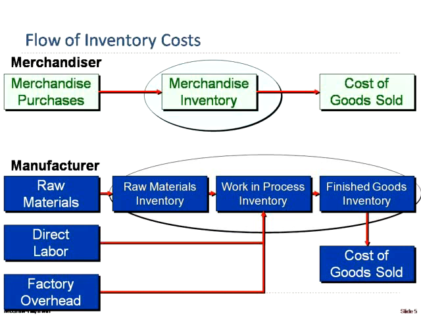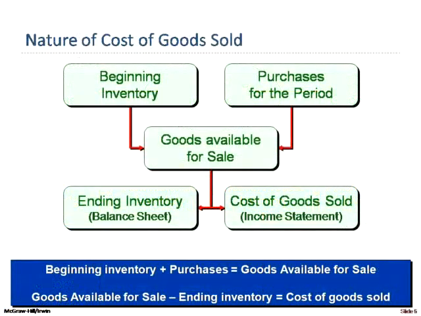When the inventory is complete and ready for sale, the related amounts of work-in-process inventory are transferred to finished goods inventory. When the goods are sold, cost of goods sold is increased and finished goods inventory is decreased.